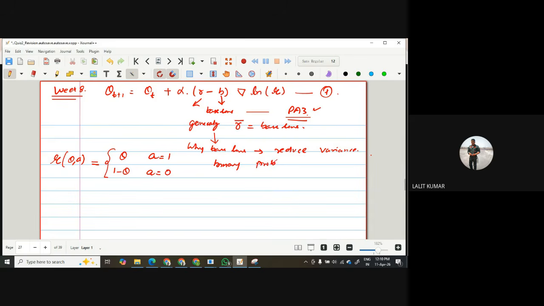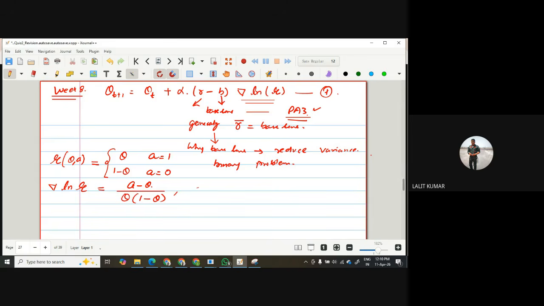For this problem, we have to calculate the gradient of the logarithm of pi. We can write this as (a minus theta) divided by theta into (1 minus theta). When you plug in a equal to 1 and a equal to 0, you'll find it perfectly works.